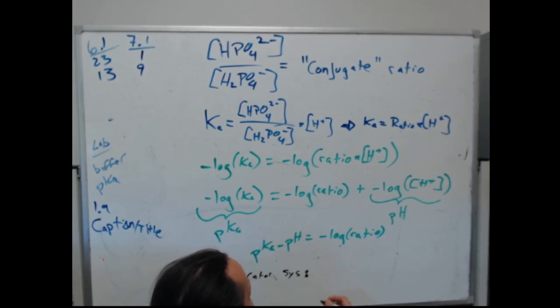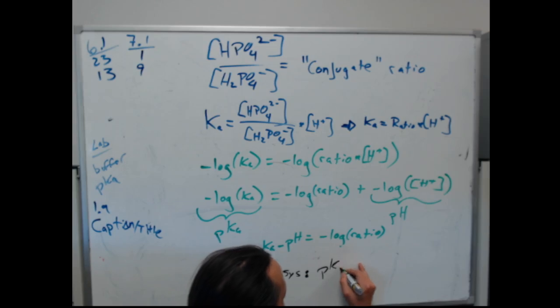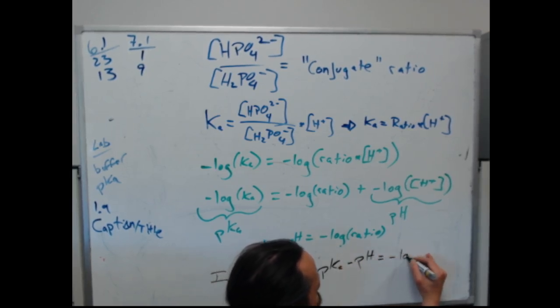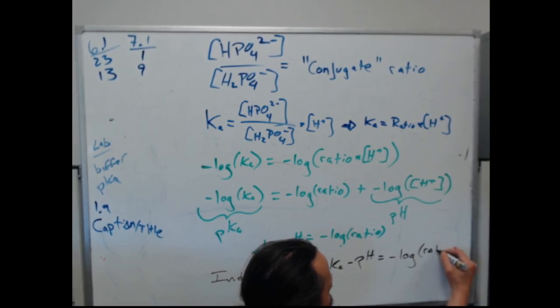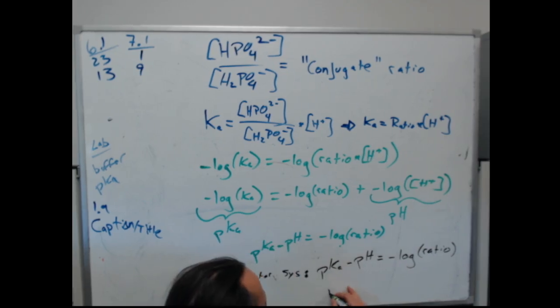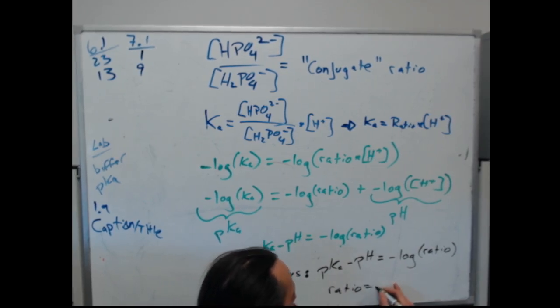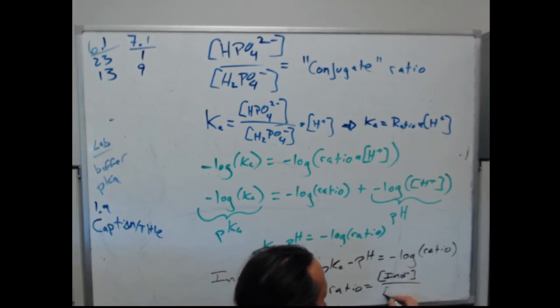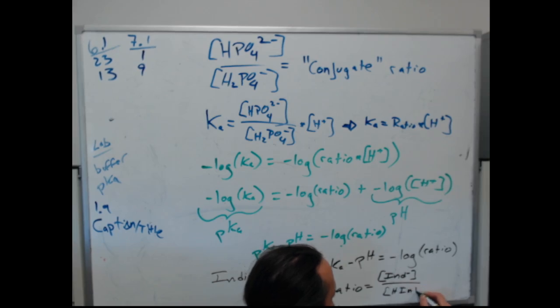So I can do that for the indicator system, and it would look exactly the same. It would look like pKa minus pH equals negative log of ratio. But in this case, my ratio would be IND minus over H IND.